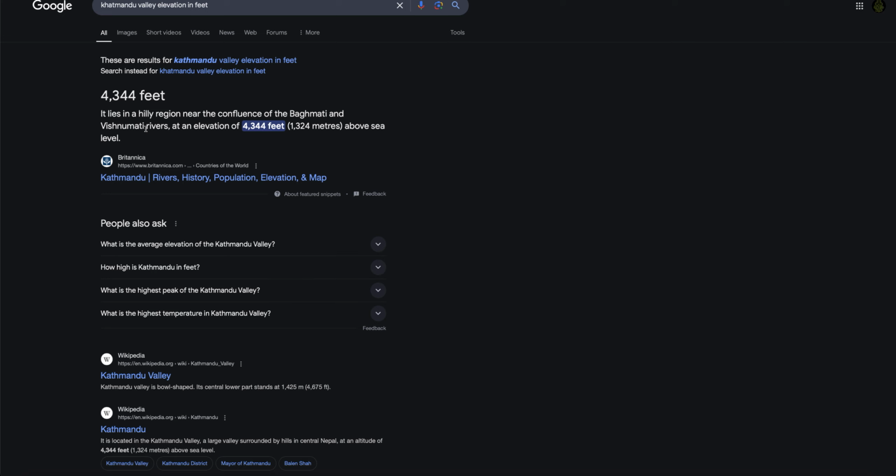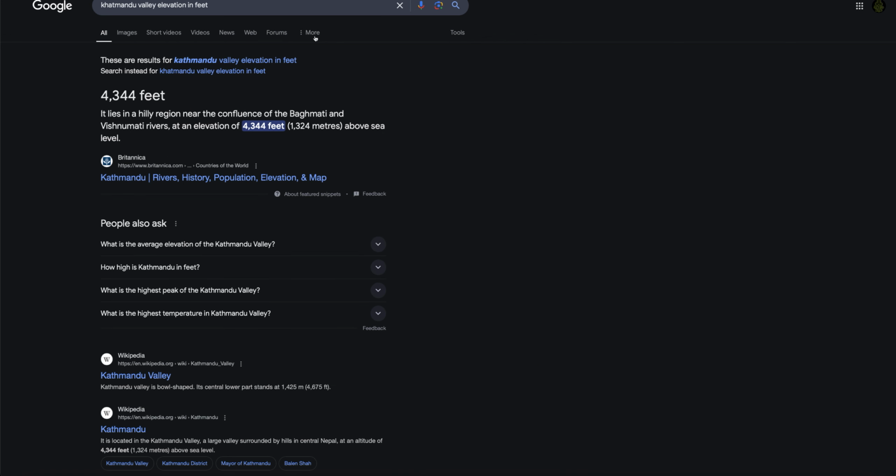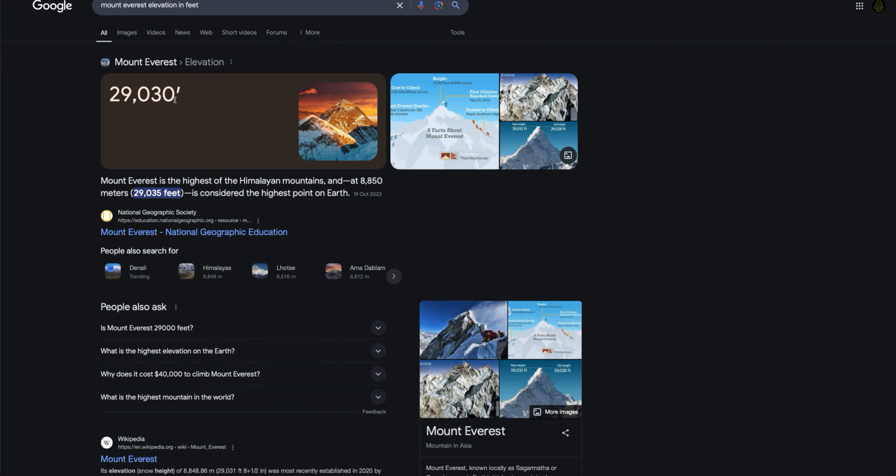And from Kathmandu Valley and other areas around Mount Everest about the same distance, they were measuring the angle to Mount Everest, measuring its angular size. Obviously, they had to account for their own elevation, 4,344 feet, and extract that from the 29,030 feet in the process.